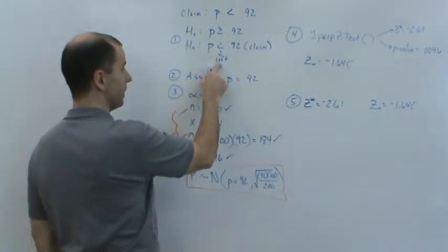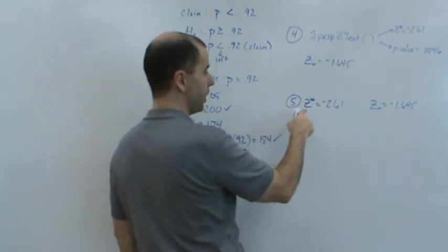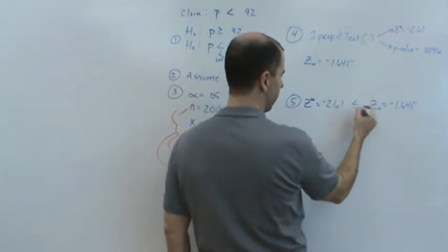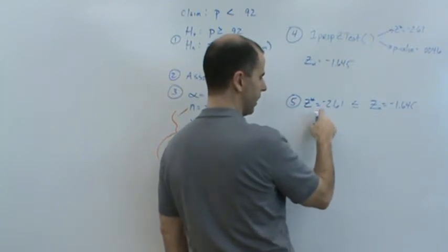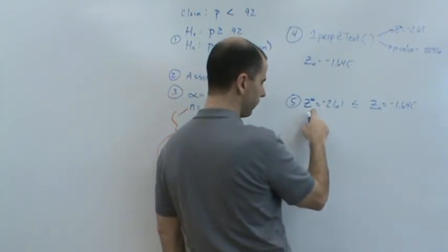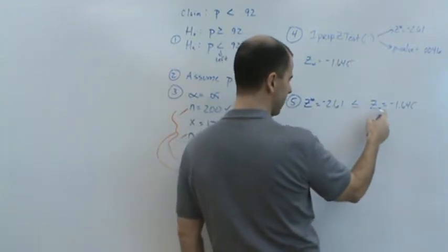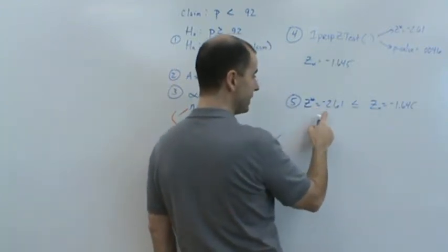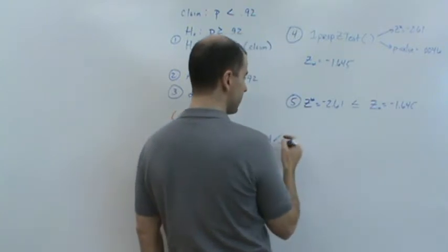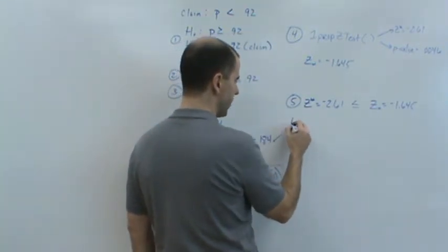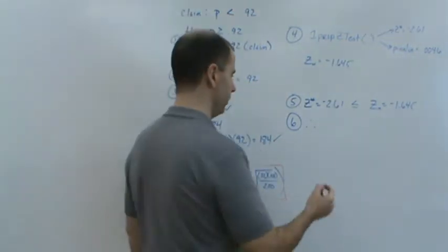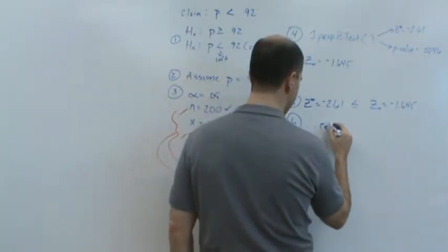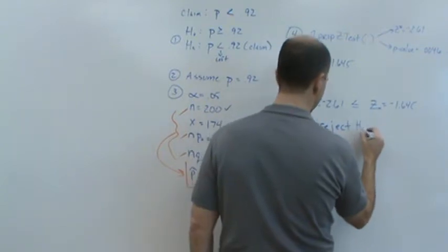Based on the left-tail test, we're going to reject if this test statistic is less than or equal to our critical value. And in this case, it is, right? So then step 6 is what? We are going to reject the null.